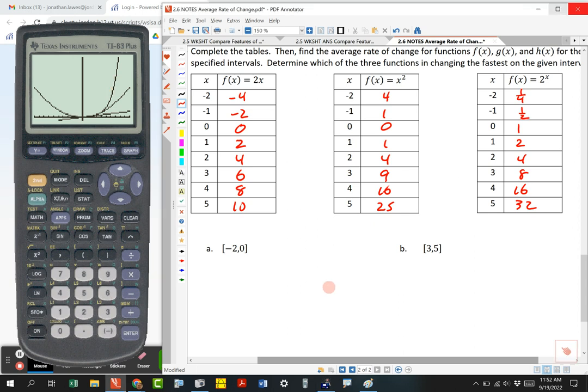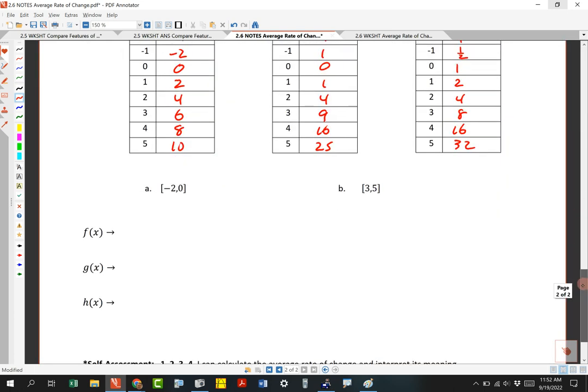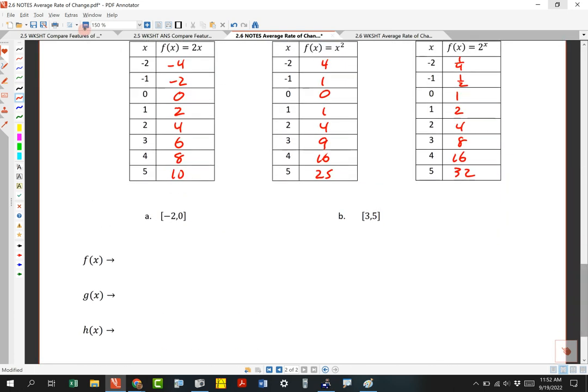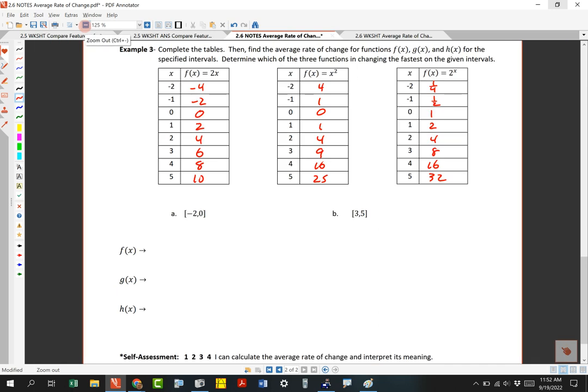So when you come back to do these problems, I'm going to set up a couple of these, and then we're going to go ahead and do them. We're only going to do this for 2 intervals. So for f, here's what we're going to do. This is going to be 0 minus -2.